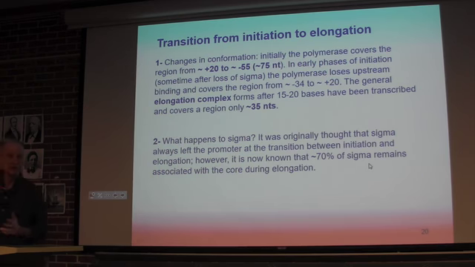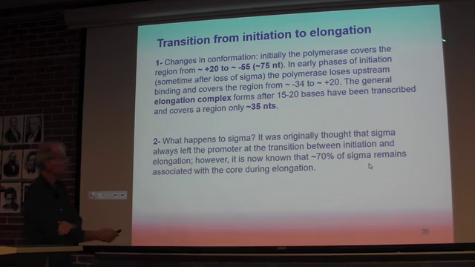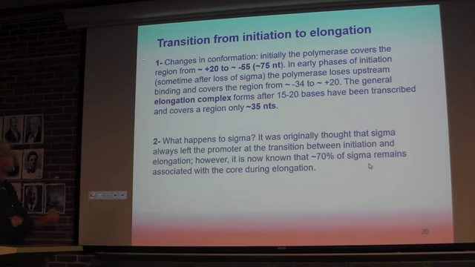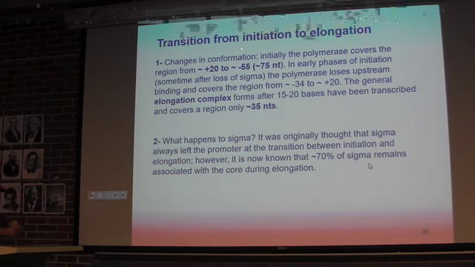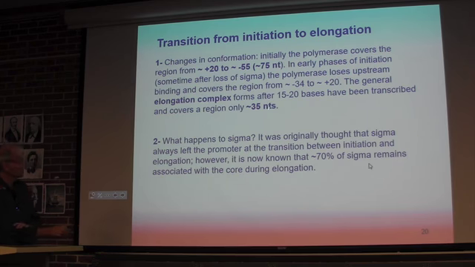They started with the theoretical assumption that the promoter was 75 bases in length, and that's how it gets it, because they did a footprint, and you can see that it goes all the way to 20 bases downstream and 55 bases upstream from nucleotide 1 in the initial phases of recognition, and eventually it gets down to about 35 in elongation. So it's about half the size of the initial footprint in the elongation mode.